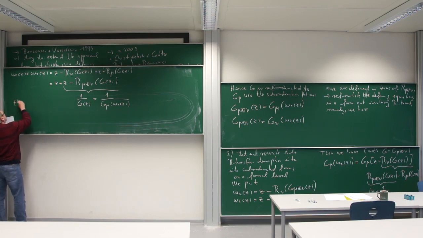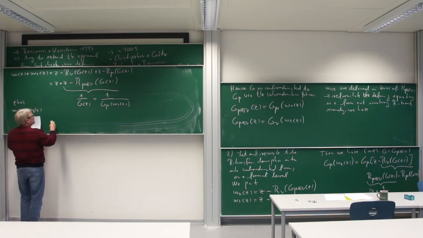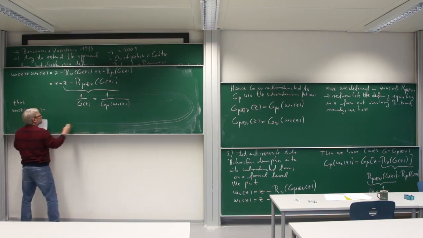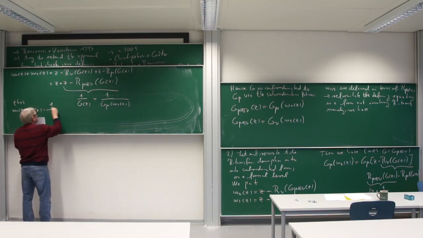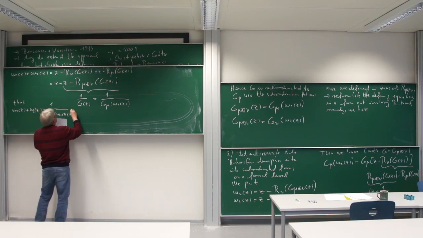So what I have seen here is omega 1 of z plus omega 2 of z. Let me bring it on the other side, minus 1 over g mu of omega 1 of z. This is equal to z.